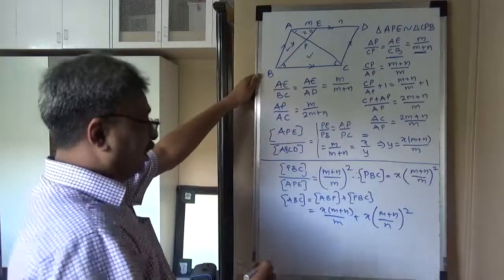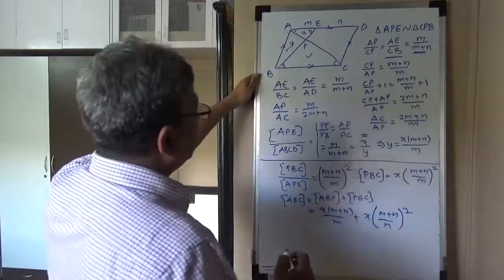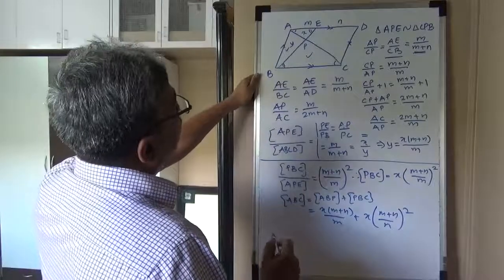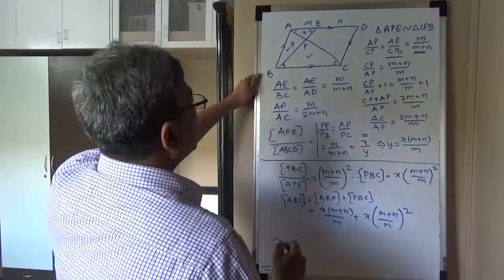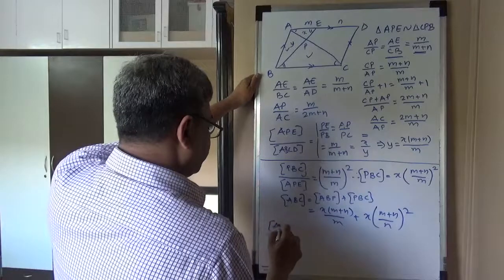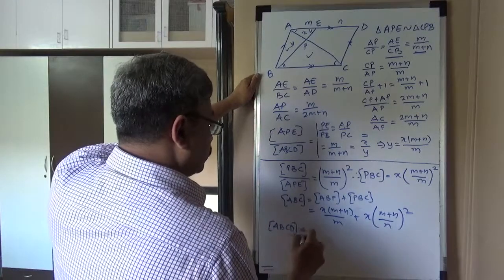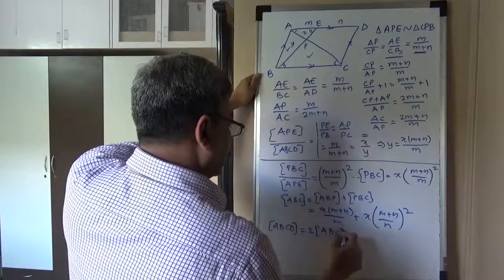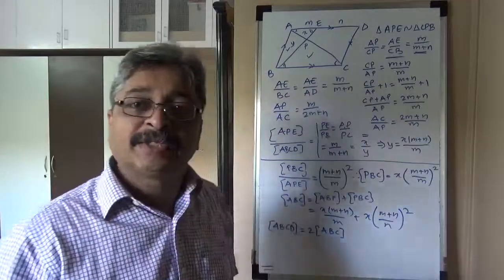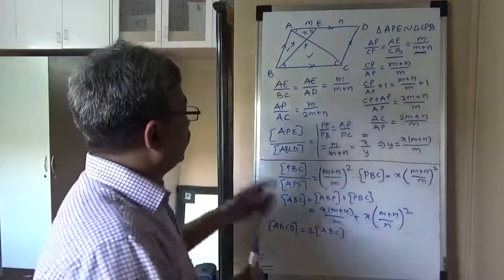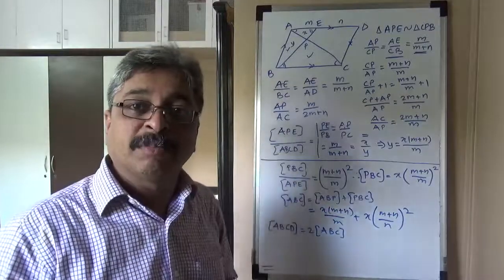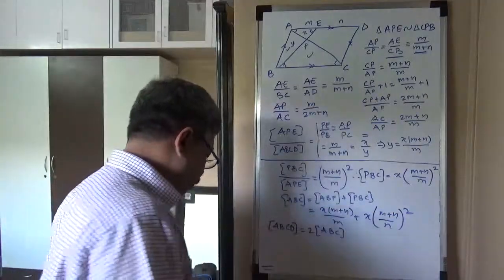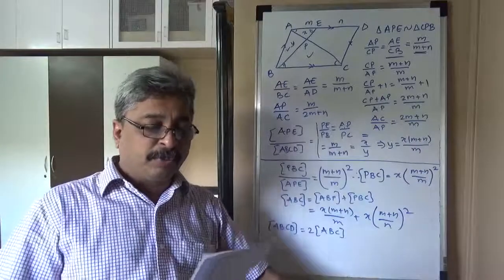This is the area ABC, and the total area is 2 times this, therefore area ABCD is equal to 2 times area ABC. And now in area ABC you find X, which is area of APE, therefore APE upon ABCD can be very easily expressed. Exactly similar procedure is to be used.